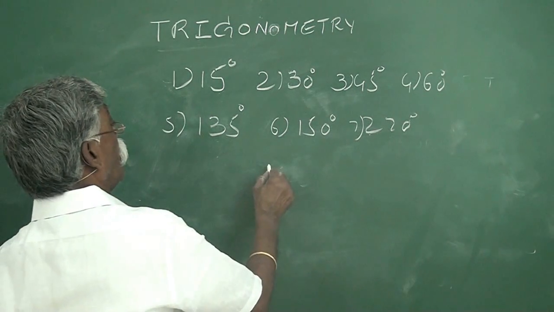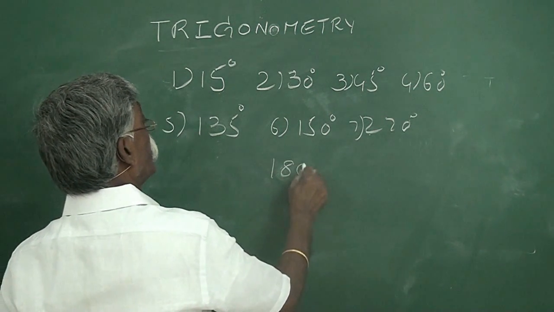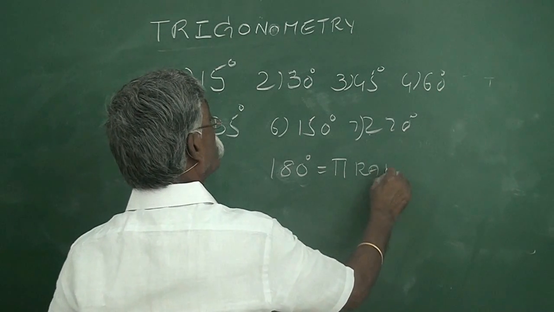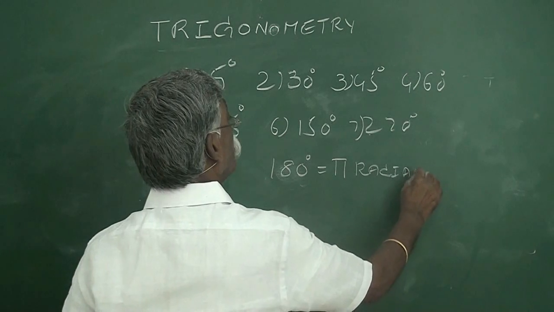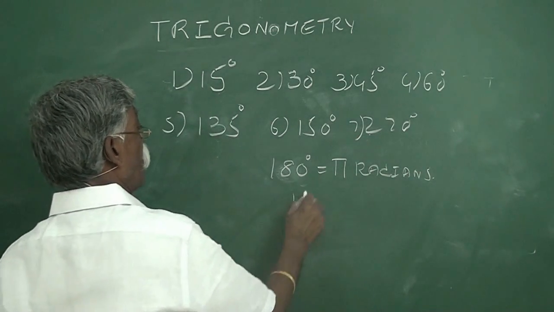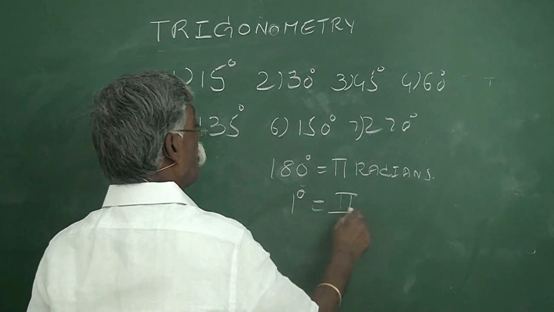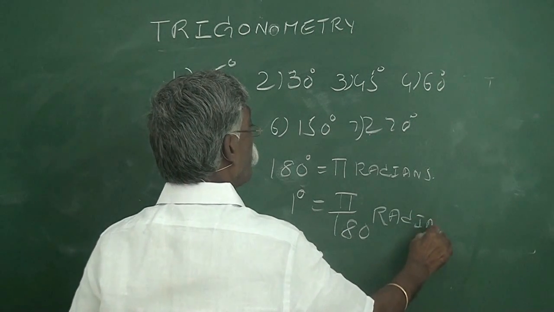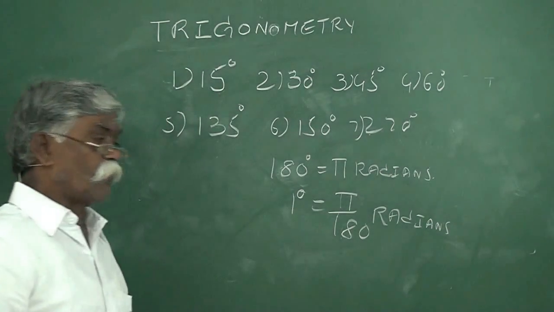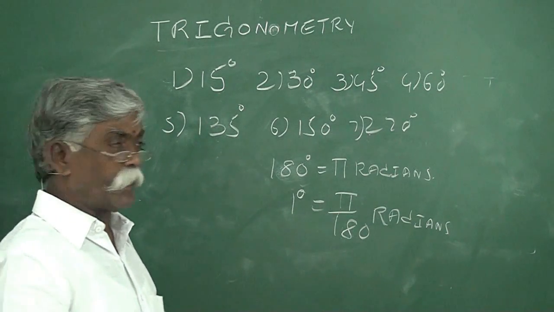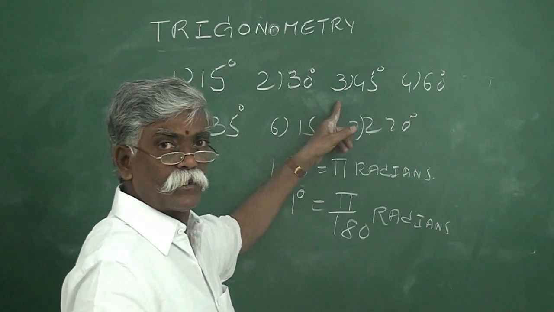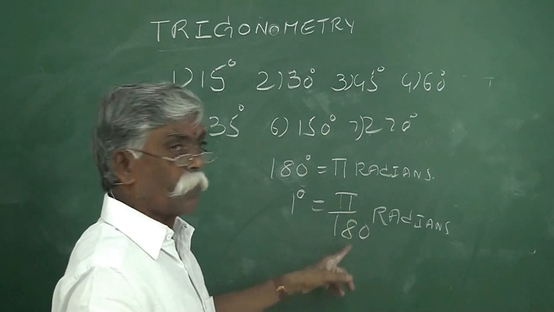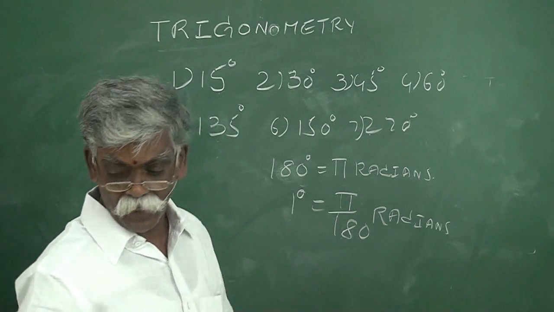Now, 180 degrees is equal to pi radians, we have seen according to the definition. Therefore, 1 degree is equal to pi by 180 radians. So 1 degree is equal to pi by 180. So to convert all these degrees into radian measurement, we have to multiply them by pi by 180.